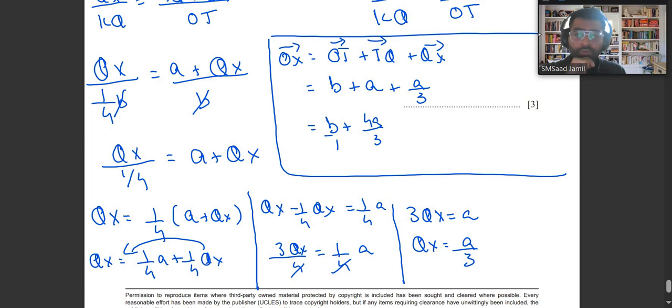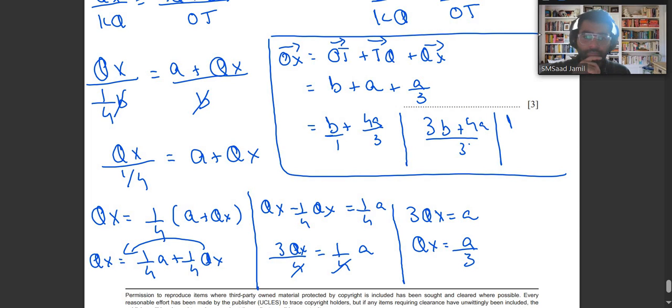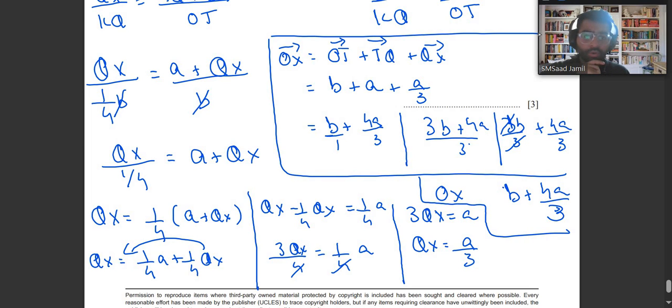We will write b upon 1 and take LCM. So this becomes 3b plus 4a upon 3. Or you can simply write it like this: 3b upon 3 plus 4a upon 3. So 3 gets cancelled out. So this becomes b plus 4a upon 3. So OX is equal to b plus 4a upon 3.